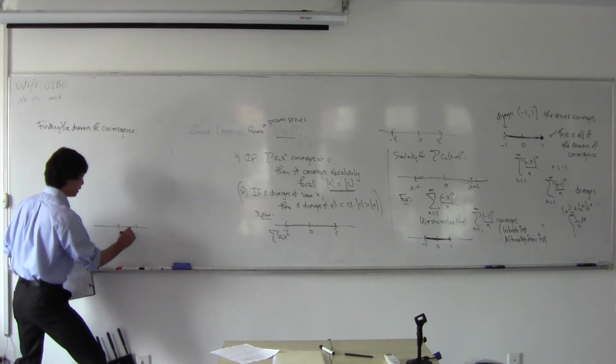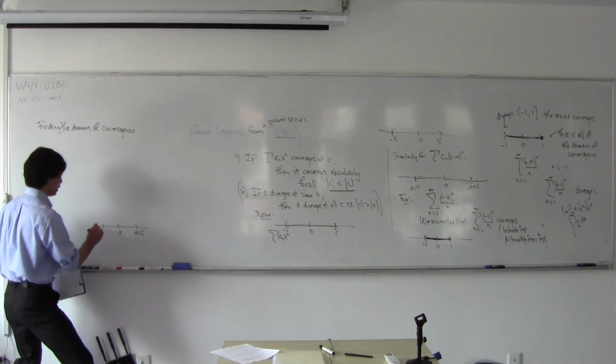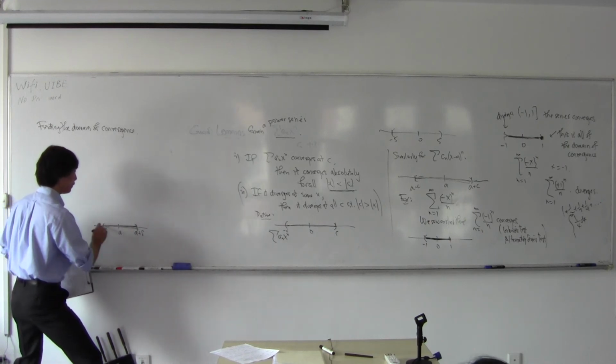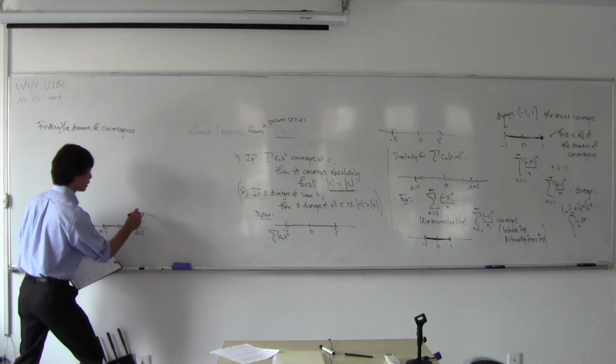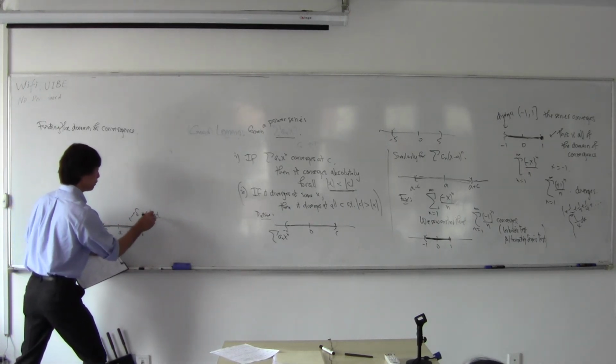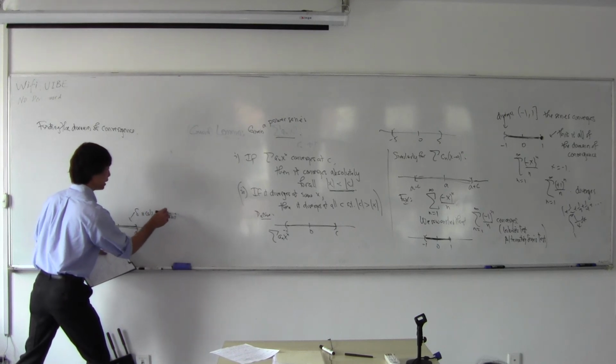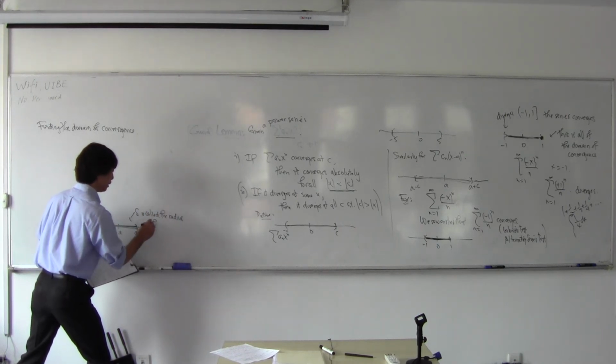If this is A, and this is A plus delta and A minus delta, and you have convergence on a domain like this, then delta is called the radius of convergence.